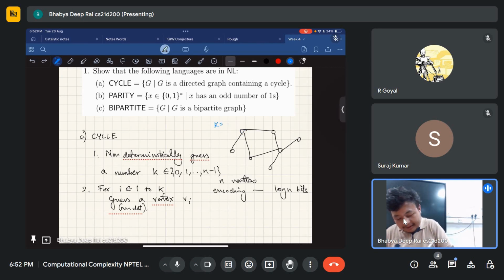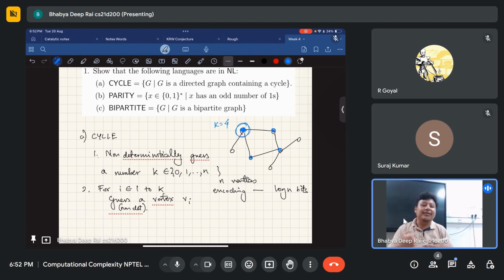But if I had guessed k equals 4, and I had guessed all possible paths of length 4, then I guess this, then this, then this, then this, and the next vertex I guess is also what I started with.